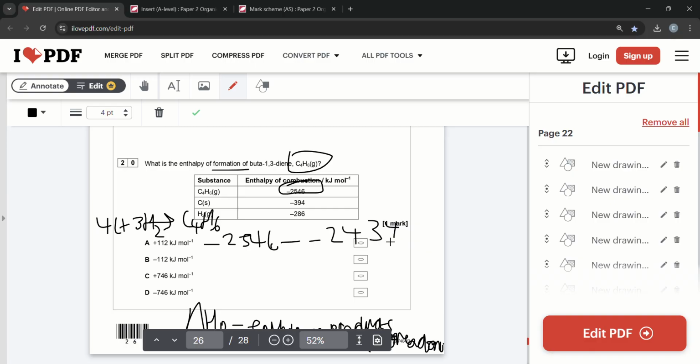Or is it reactants minus products? I think it is reactants minus products. Let's check. Yeah, it's products minus reactants.